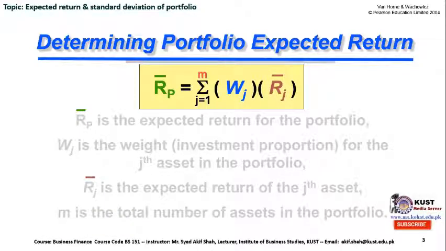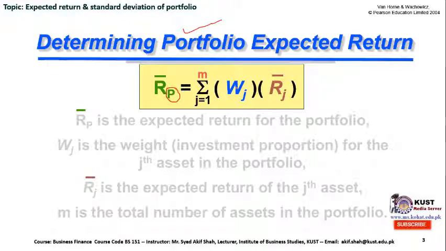It starts with R bar, and in the subscript we mention P, and this P represents that this expected return belongs to the portfolio, which is equal to the summation sign, and in the subscript we have J equal to 1 up to M. J is any particular investment or security we have included in our portfolio. So right from the first security to the number of securities, 2, 3 or 4, whatever number is in the portfolio, all need to be summed up.